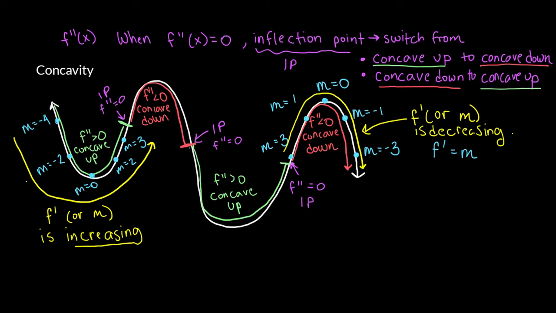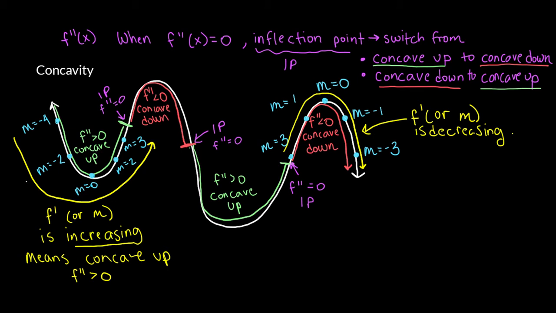So we can make a connection here that when the graph is concave up, that means that the first derivative is increasing. So whenever the second derivative is positive, that means the first derivative is increasing, or the slope is increasing.